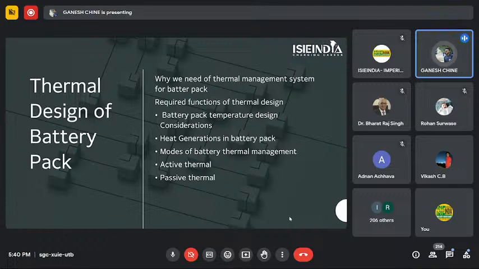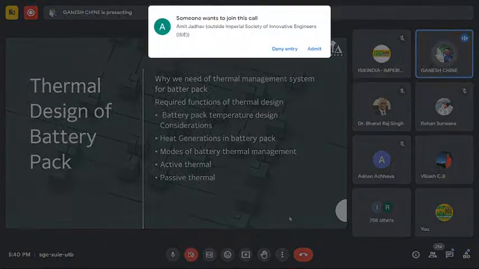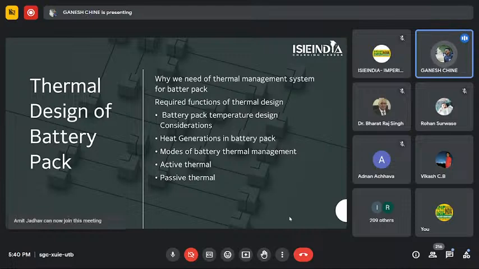Suppose we require high current, high temperature region, at that time we use active cooling. But suppose we require normal functioning where the temperature rise is not very high, at that time you can use normal passive cooling.